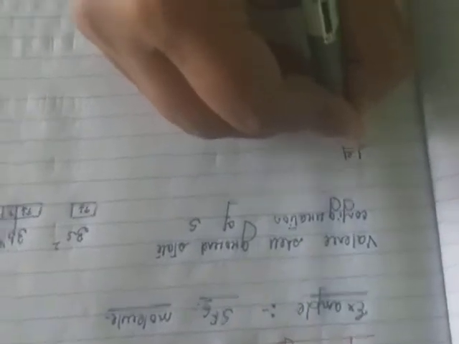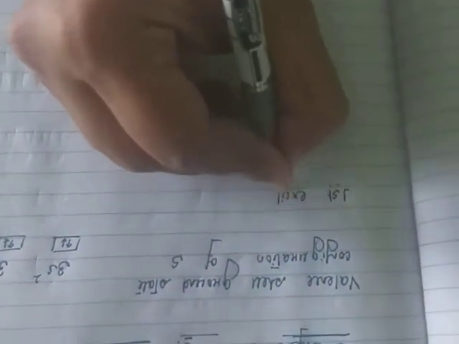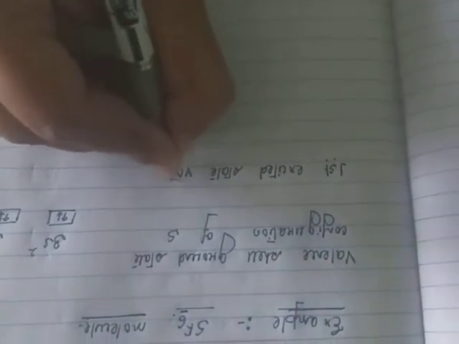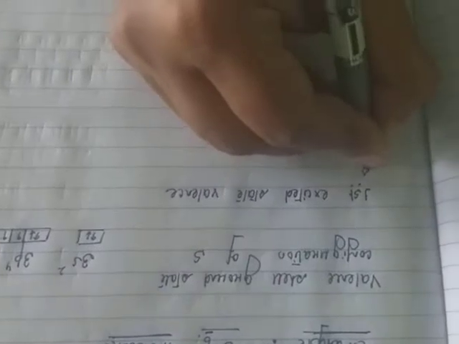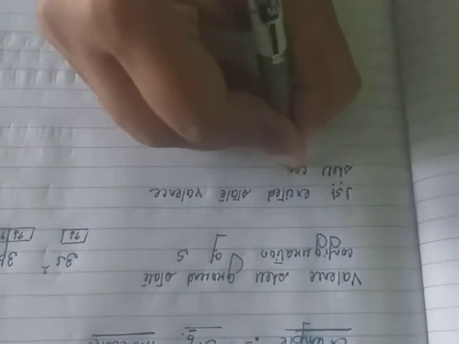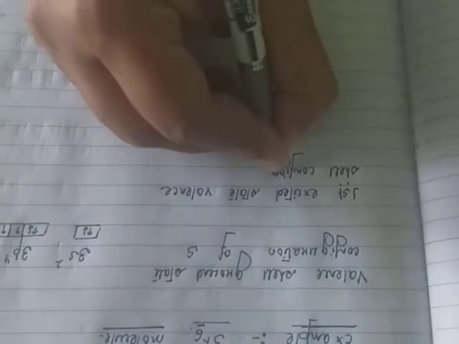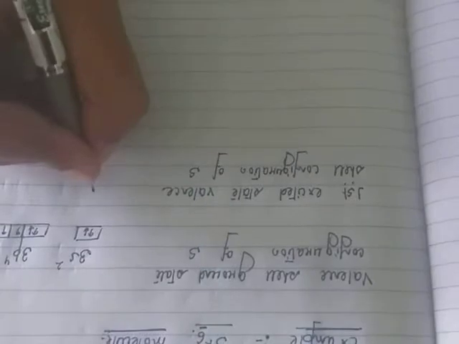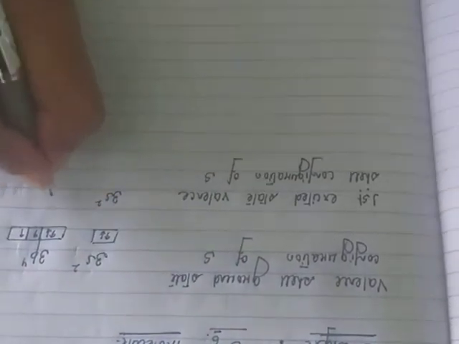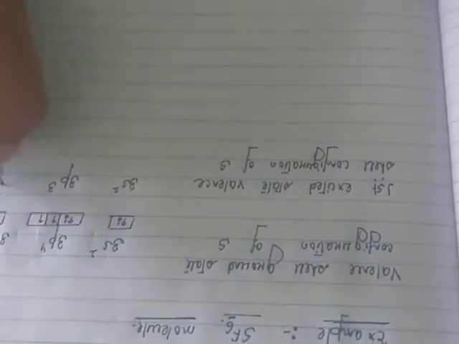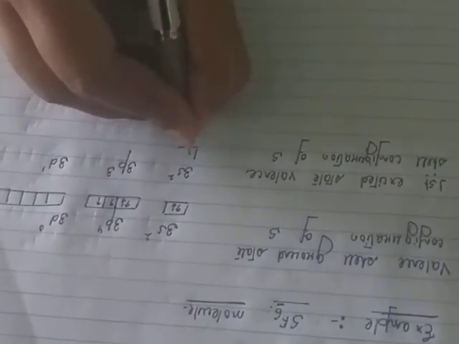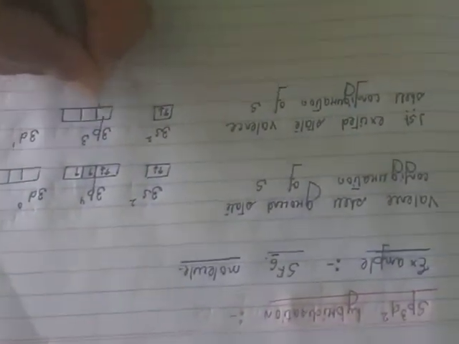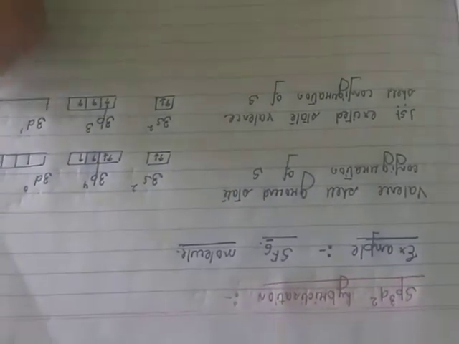So the first excited state valence shell configuration of sulfur would be 3s2, 3p3 and 3d1. The s electrons would remain unaffected, but one of the p electrons would migrate to d.